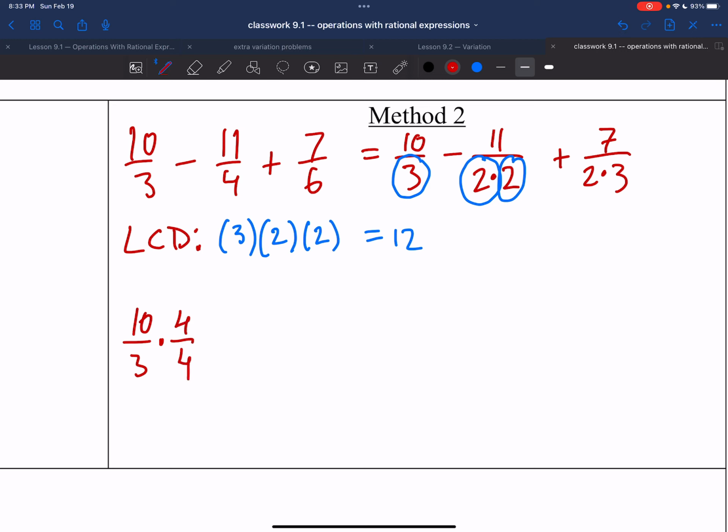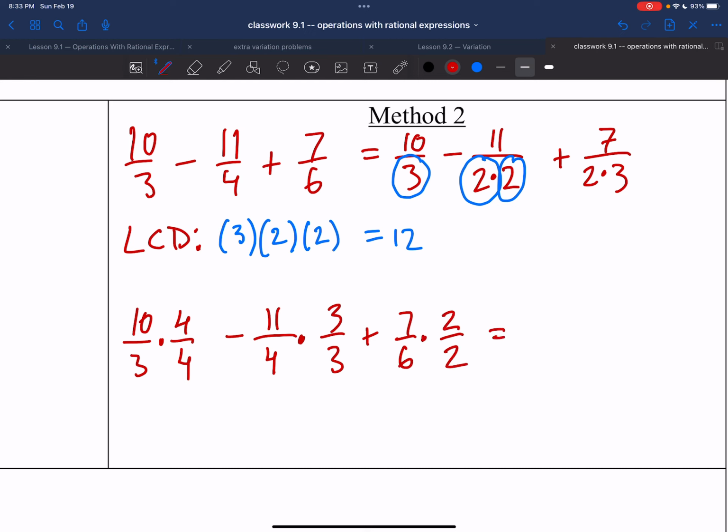Because the idea is I need to make 3 become 12. So I multiply 3 times 4, which is really just 2 times 2 as the other factors, minus 11 over 4 times, well, how do I make 4 become the LCD 12? I got to multiply by 3 over 3. And then how do I make 6 become 12? I got to multiply by 2 over 2.